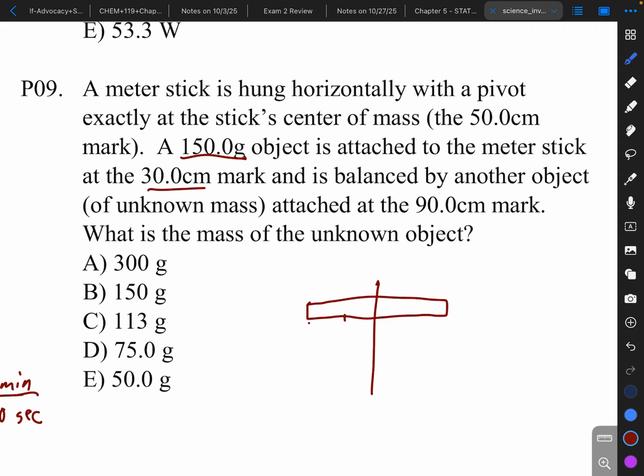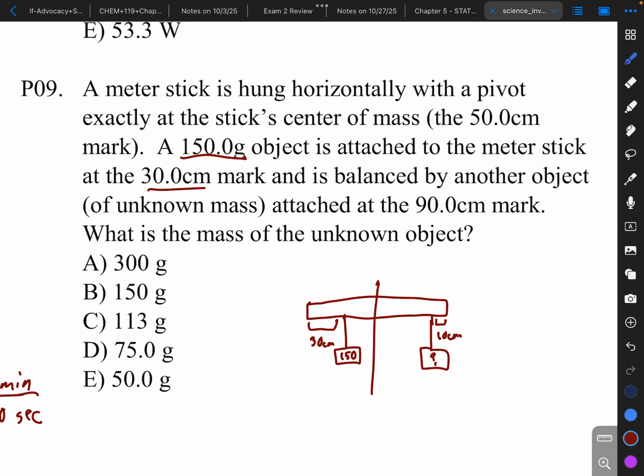Let's just say this right here, 30 centimeters. We have 150 grams. And we have another object, 10 centimeters away from this end, which means the 90-centimeter mark. And we're trying to find this one.